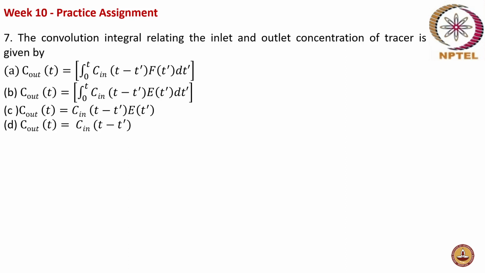So, at the inlet we may have a pulse input or a step input, right? And there will be some outlet concentration of this tracer, from which only you will find out your exit age distribution and then F of t and then mean residence time, variance, standard deviation, skewness, everything.